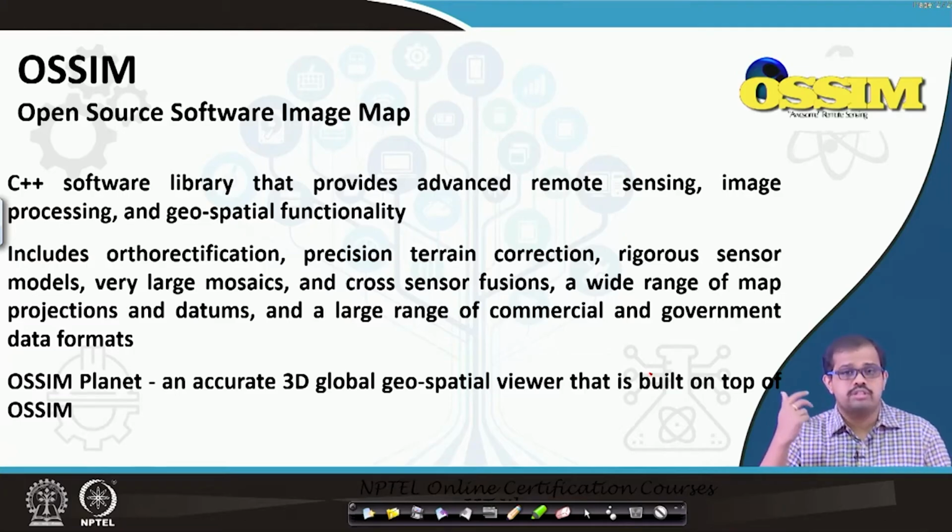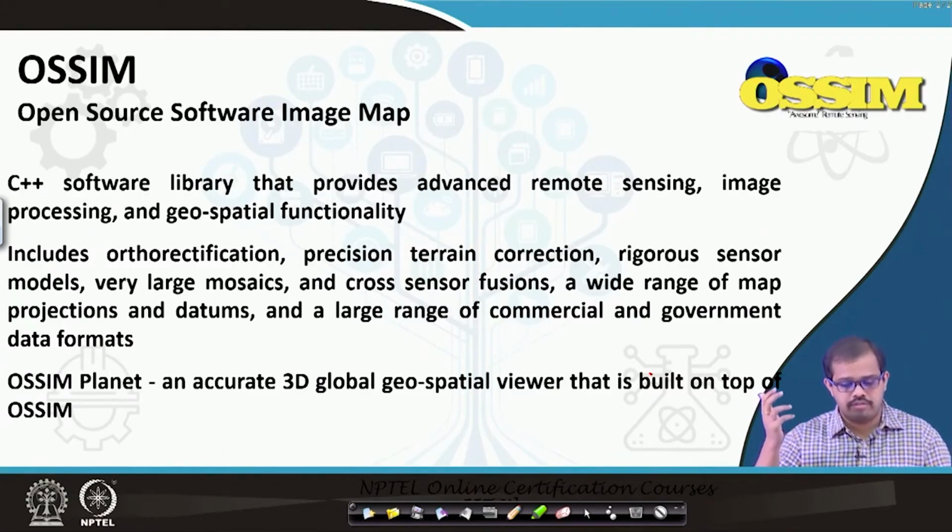It includes orthorectification, precision terrain correction, rigorous sensor models, and very large mosaics. Today's computers can handle almost anything, so that's how you can look at any of those applications that can come in.